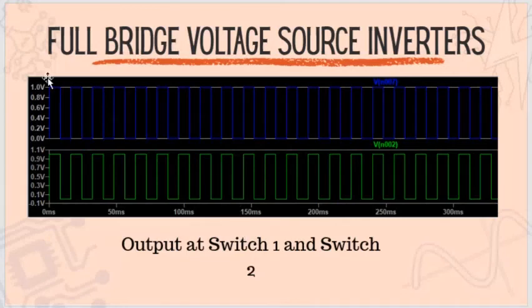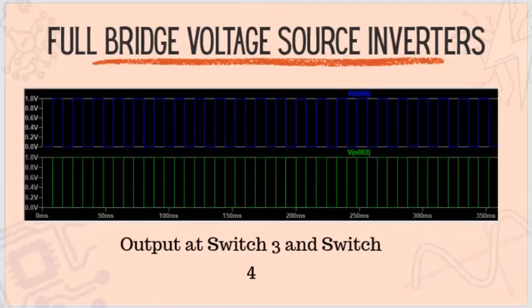This is the output waveform when switch 1 and switch 2 are on and 3 and 4 are off. So as you can see, simultaneously, they are on at 1 volt. This is switch 1 and this is switch 2.